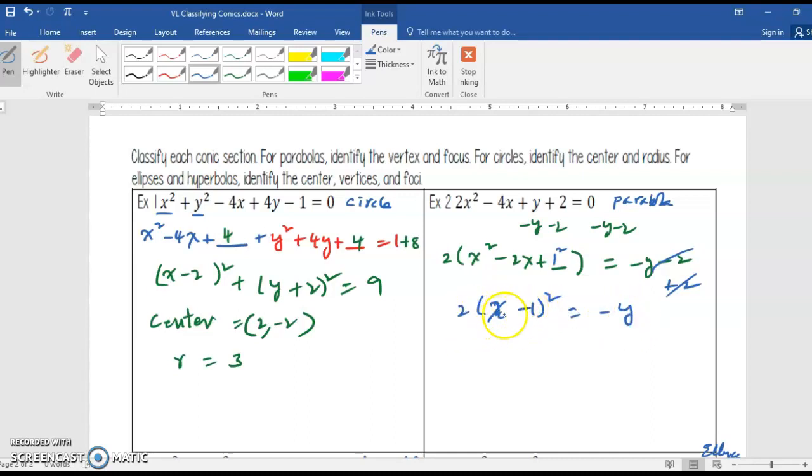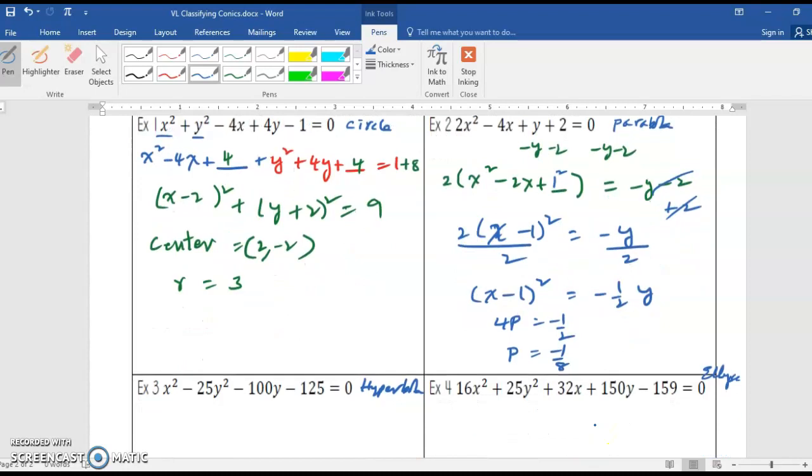But normally for the standard equation of a parabola, we don't want anything on this side, so we are going to divide the whole equation by 2. So we'll just have x minus 1 squared equals negative half of y. So 4p is negative half, and so p is negative 1/8. Okay, it's an interesting one. The vertex here is 1 and 0, right?